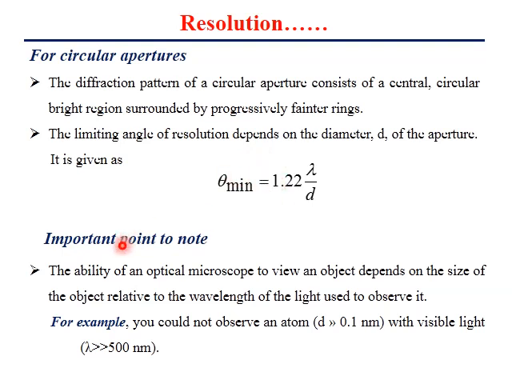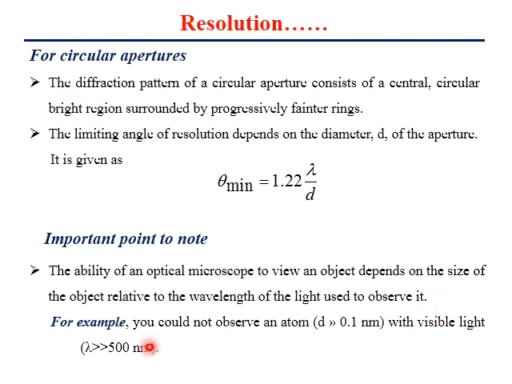You will have to apply this in the problems that I will be sending very soon. Another important thing to note is that the ability of an optical microscope to view an object depends on the size of the object relative to the wavelength of the light used to observe it. So how small an object can you view depends on the wavelength of the light that you use.